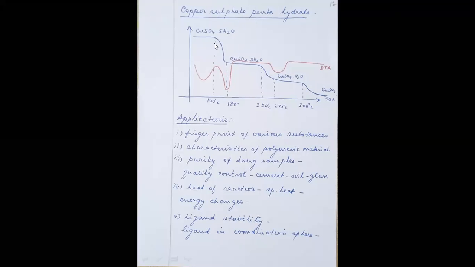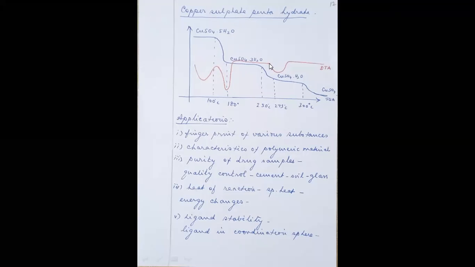So at 100 degrees centigrade, it slowly loses its water molecules. And this change goes up to 180 degrees centigrade. So in this region, there is an endothermic curve. And then at this point, it becomes copper sulphate trihydrate.